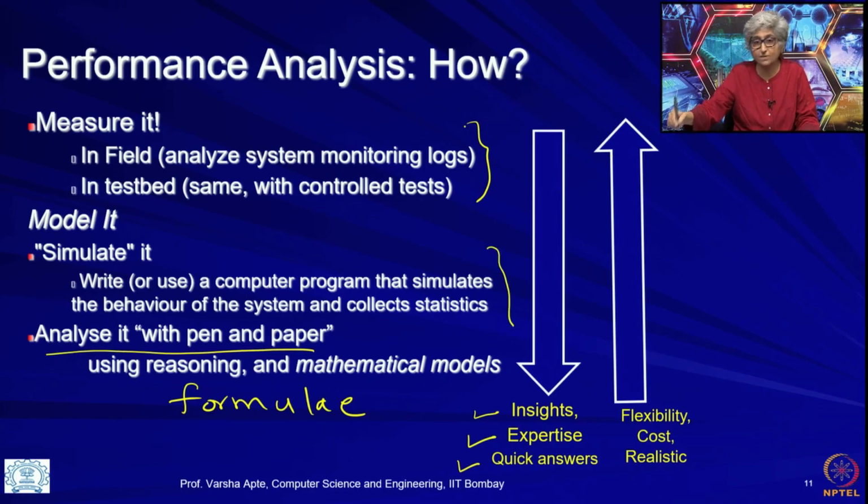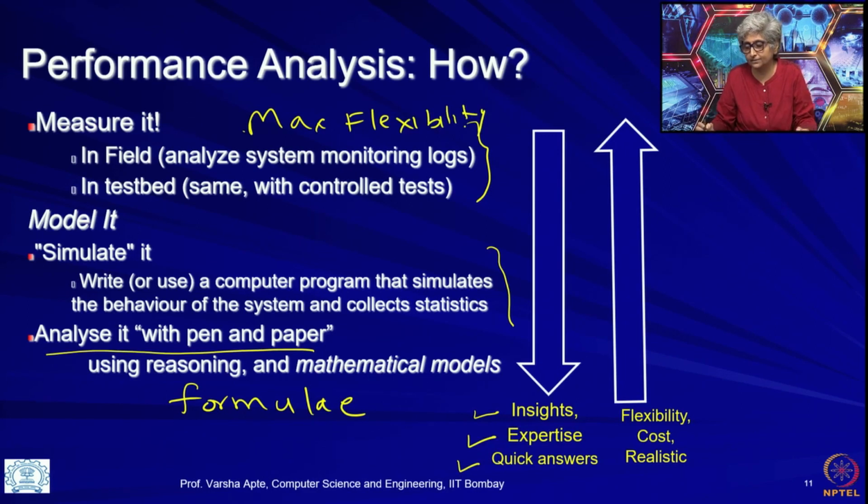Similarly, measurement gives you maximum flexibility, because you can set up a very complicated infrastructure and measure it. If the cost is not a problem, you can get flexibility, but there will be a lot of costs also.